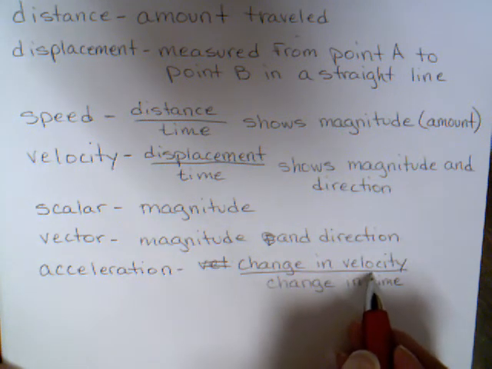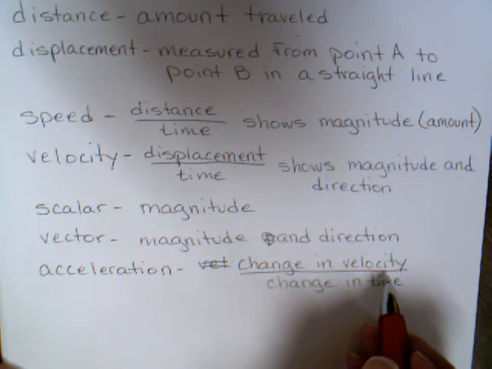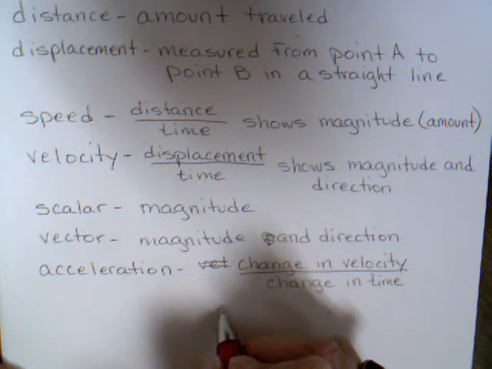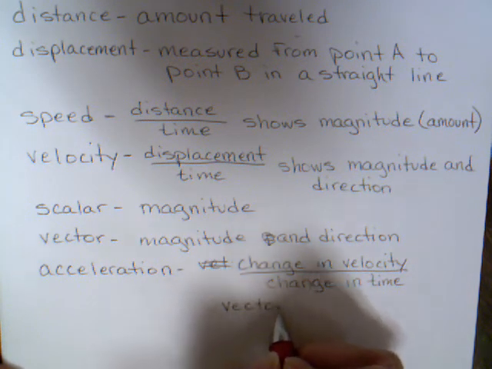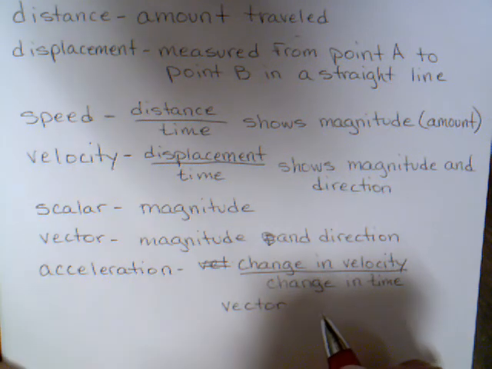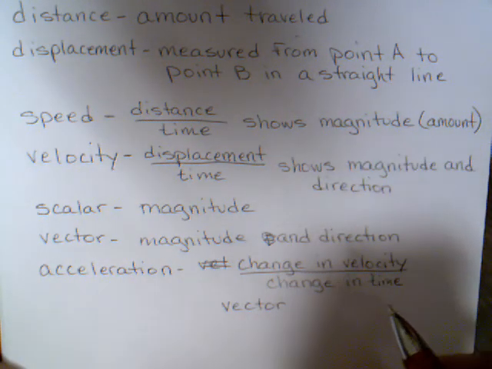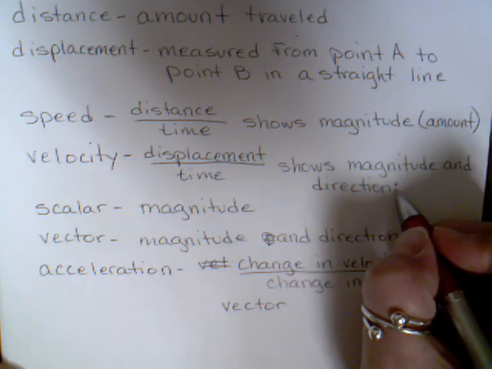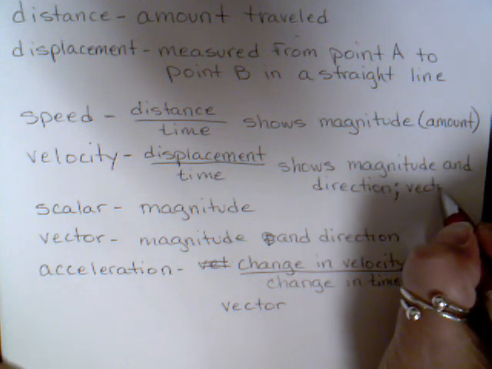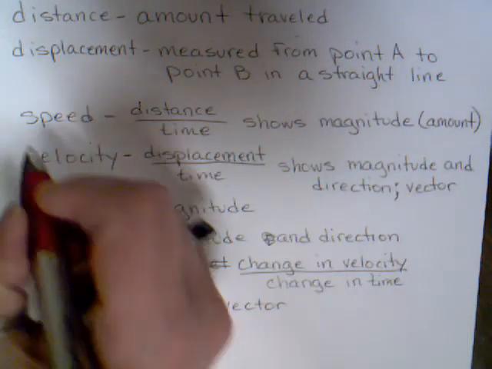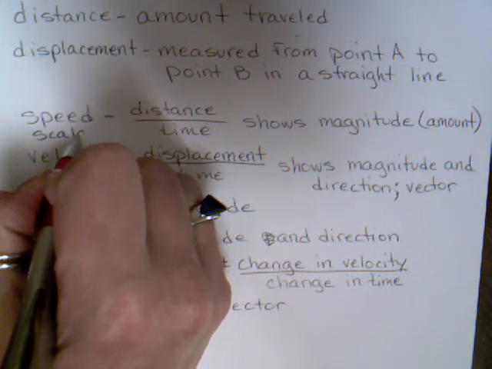Because it is a change in velocity and velocity is a vector, that means that acceleration is going to be a vector. Velocity is a vector and speed is a scalar.